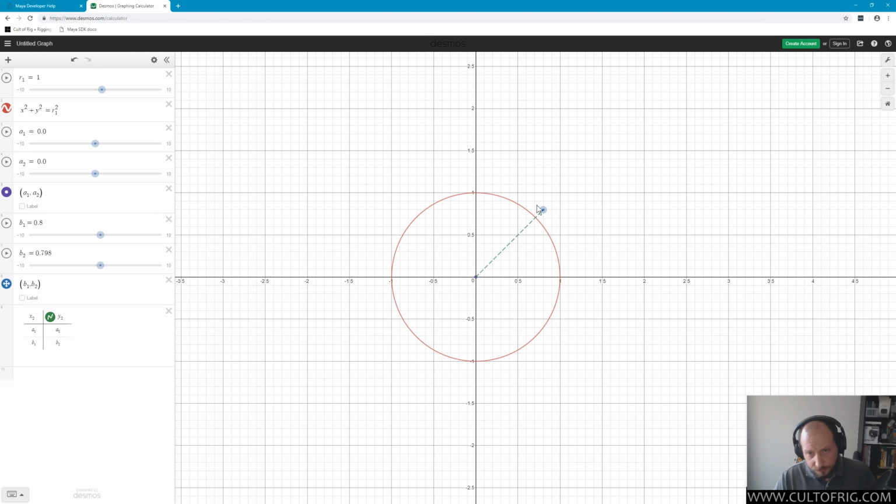So now if you remember, we've talked about the unit circle a fair bit. We might want to control the position of this B point. So, oops, practice what I preach. Hold the click, which is a little bit harder than it should be on a tablet.